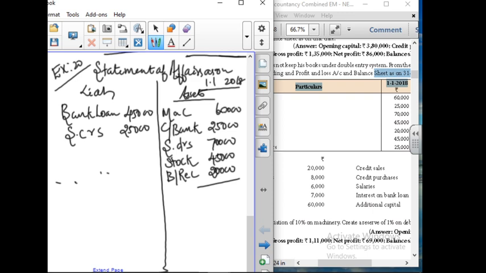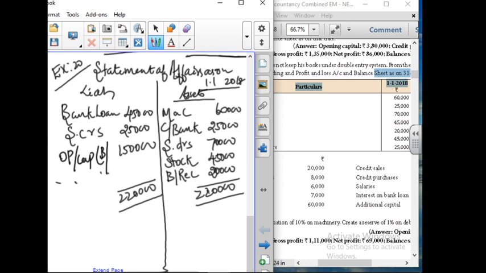So your total comes around 2,20,000. The asset side is higher, so with this we are going to tally with the other side, 2,20,000, and your balance is going to be 1,50,000. This is nothing but your opening capital. This is your BF, that is your balancing figure.